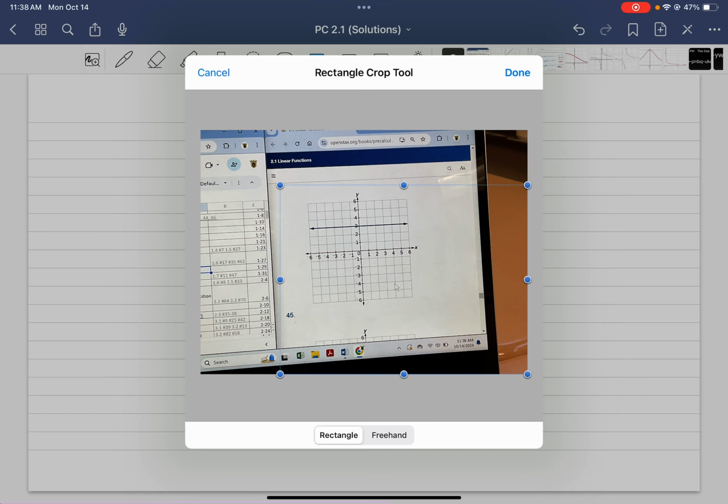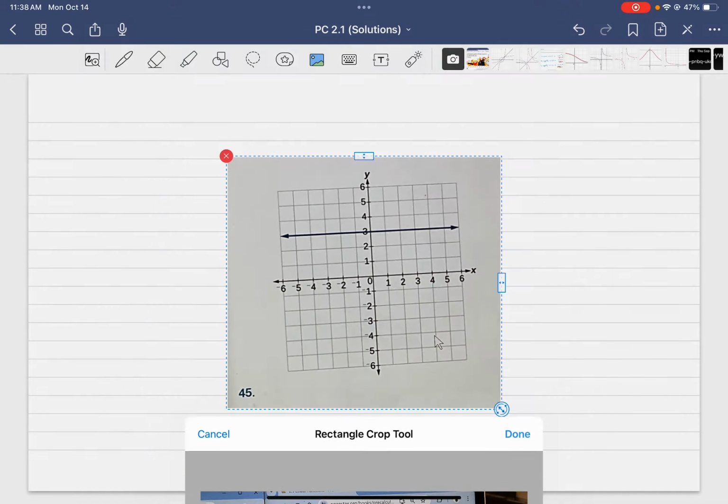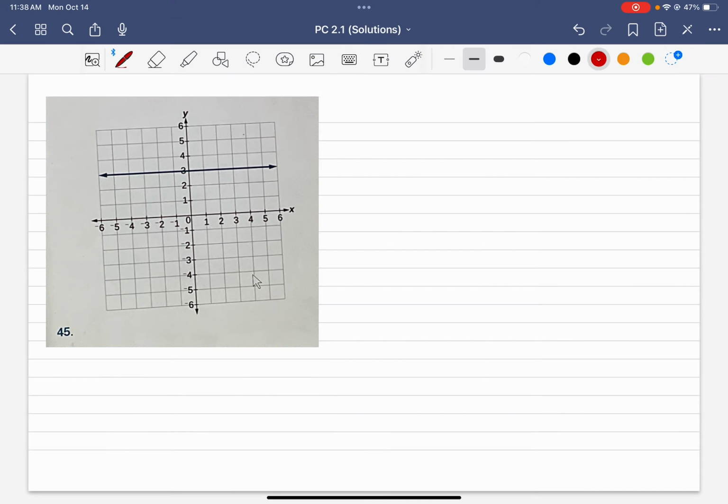So for this one, it's just a horizontal line, so it's simply y equals 3. If you want to be really slick about it, it goes through an intercept of 3, and its slope, its change in y, is 0. And so that's why y is equal to 3. So we have that for 45.